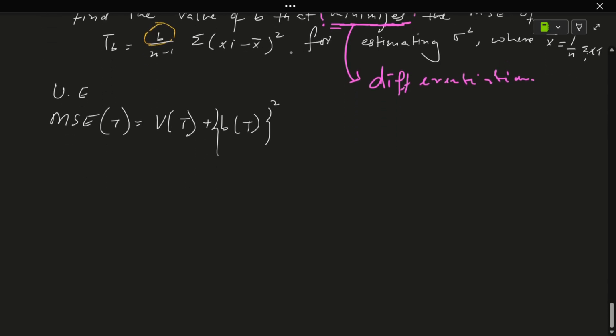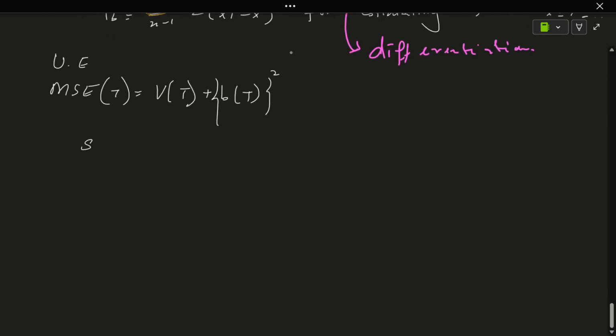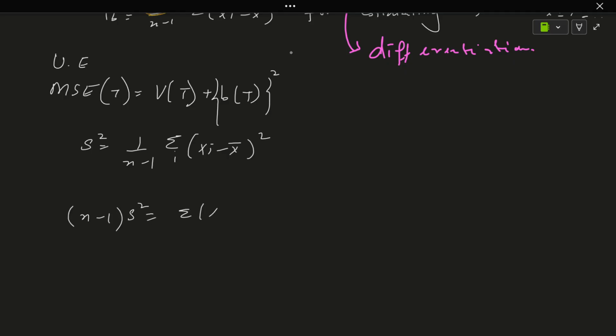So see, s square is nothing but 1 upon n minus 1 summation xi minus x bar square. As you know, this is the formula of s square. So n minus 1 s square will be summation xi minus x bar square. Clear?